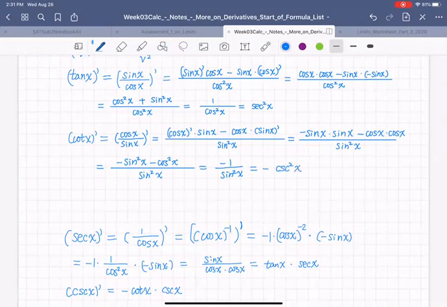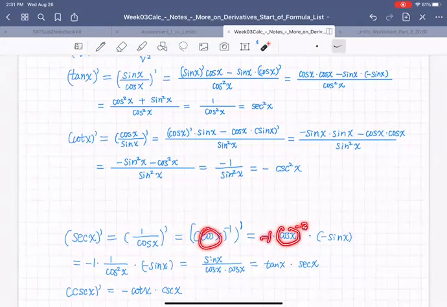And when you do secant, this is 1 over cosine, so you are going to use your chain rule. This is cosine x to the power -1, so you treat it with the power rule first: -1 times cosine x to the power -2. Then you do the derivative of the inner part, which is negative sine x.